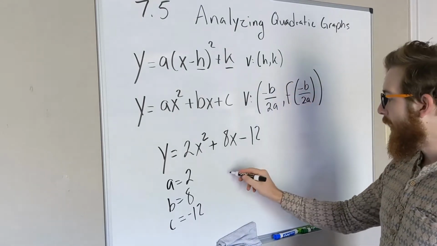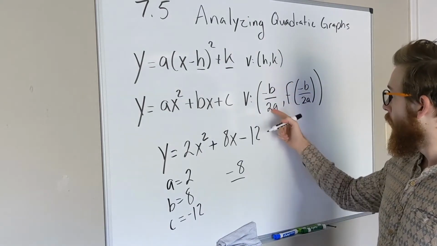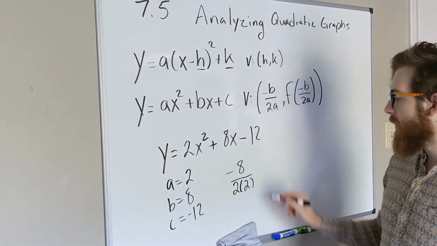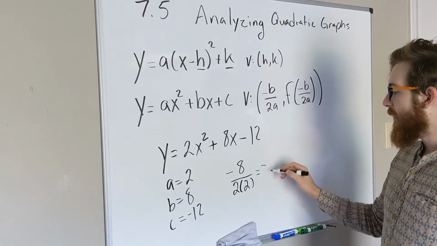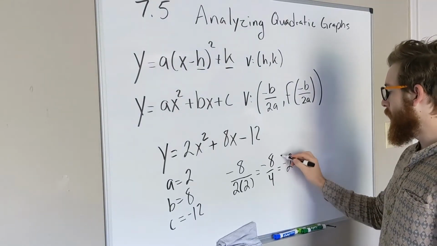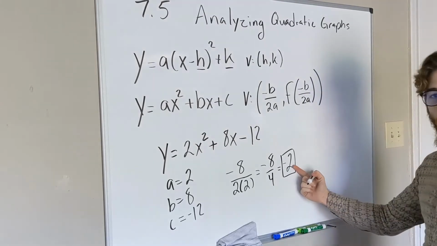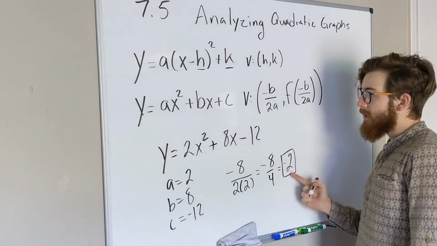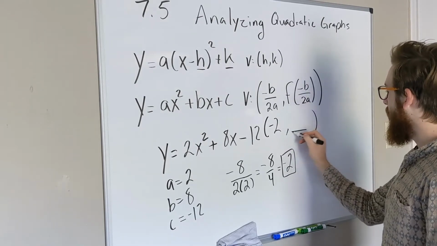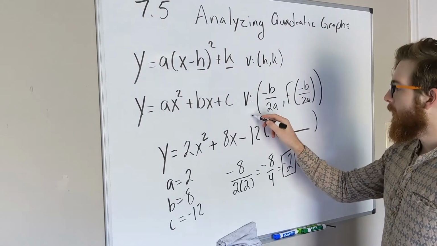So negative b, negative 8 over 2 times a, 2 times 2 in this case. So that's negative 8 over 4, which is negative 2. So that's my x piece. So in other words, I have negative 2 comma something. I don't know what y is.